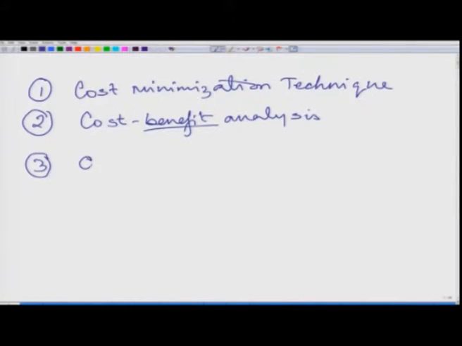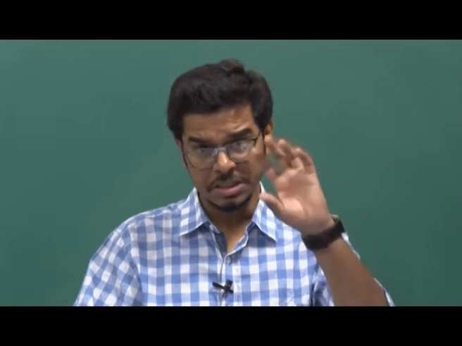And then the third one is cost effectiveness analysis, where we estimate the effectiveness in terms of a numerical figure, and then we try to form a decision rule based on the incremental cost effectiveness ratio, that is, how much change in the cost will take place based on 1 unit change, or 1 unit more, in effectiveness.